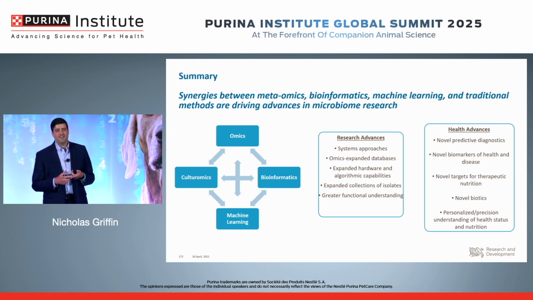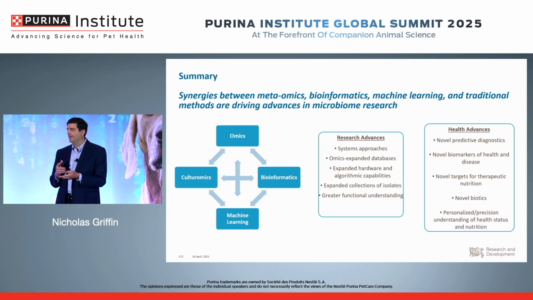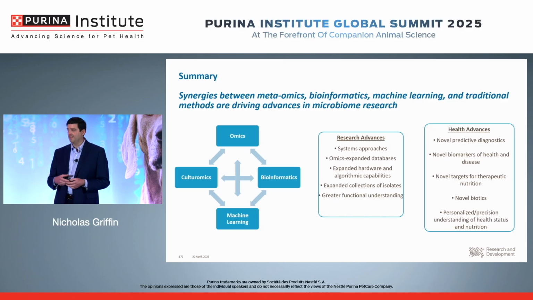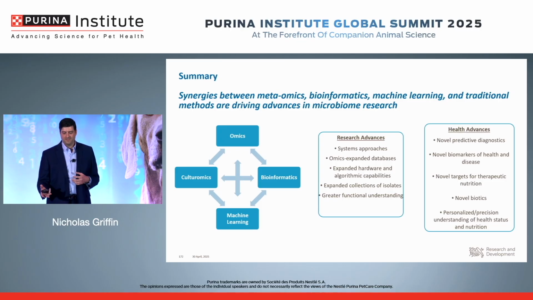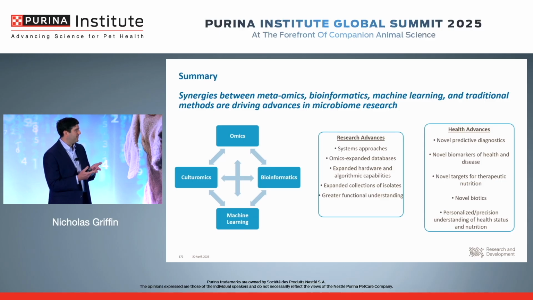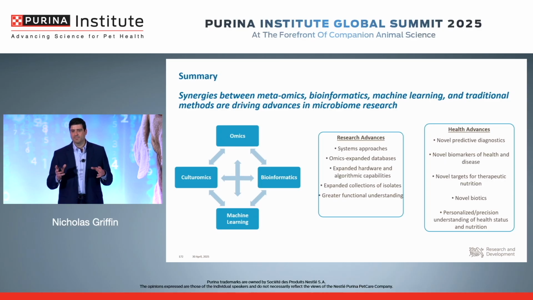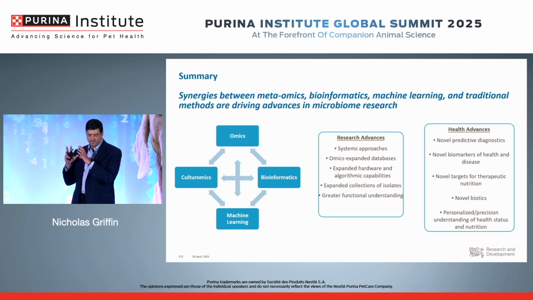They're expanding databases, they're expanding the availability of public pipelines for researchers to use. And on the health advances, we're moving towards getting novel predictive diagnostics, age diagnostics, type 2 diabetes diagnostics, and new biomarkers are being identified. Novel biotics are being identified, and we're increasing our ability to make personalized, precise measures about health status and nutrition.